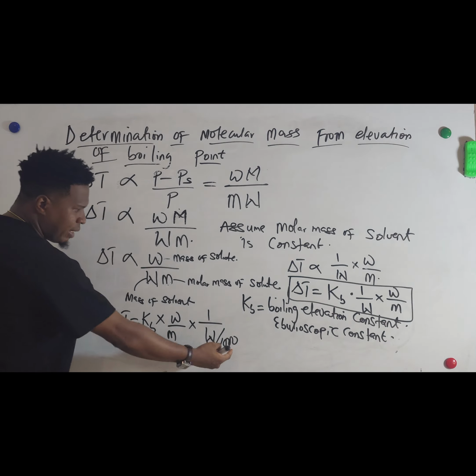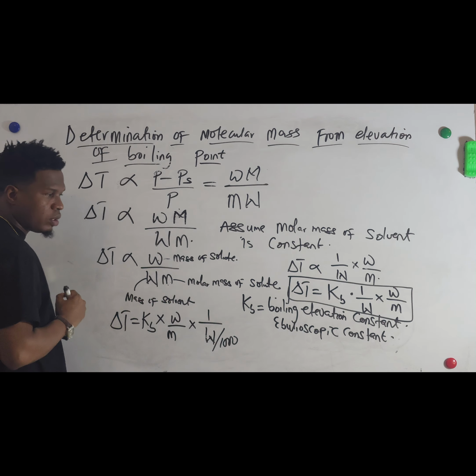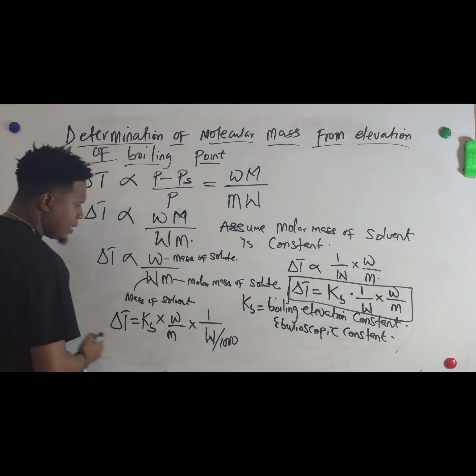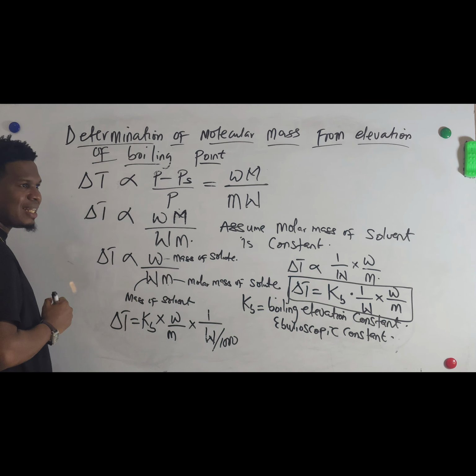If I divide this thing by 1000, it means that I have converted this mass of the solvent to what? Kilogram. Okay? So this thing you are seeing here represents molality.